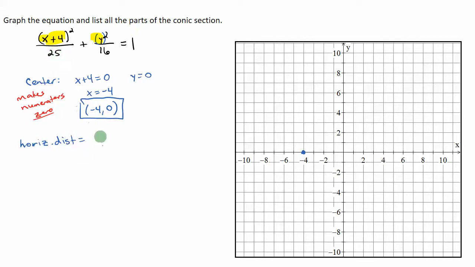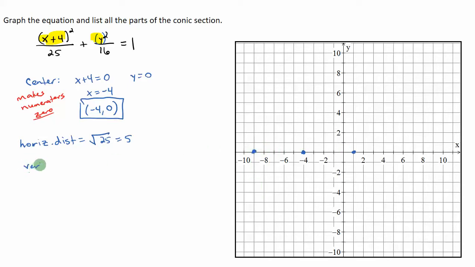That's this number squared. So to find my horizontal distance, I have to take the square root of 25, which is 5. So I go 5 units left and 5 units right. So 1, 2, 3, 4, 5, and 1, 2, 3, 4, 5. Remember, everything's measured from the center.